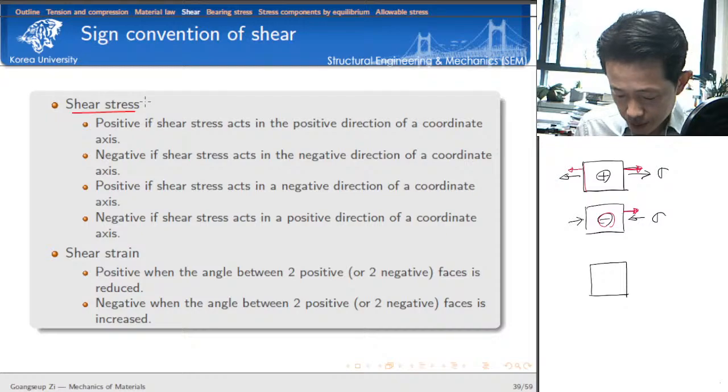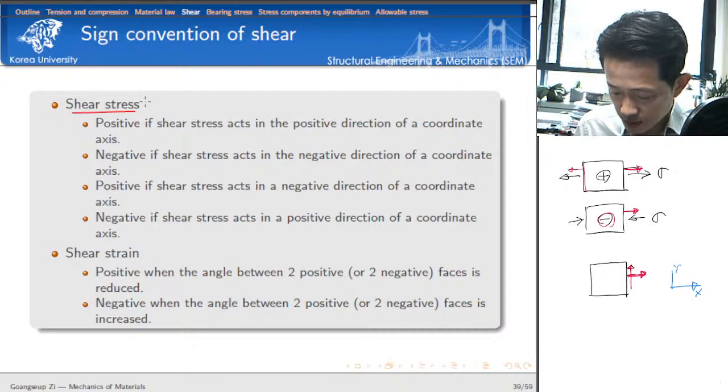But how about the shear stress? In the case of shear stress, the normal characterizing the cross section is in that direction, isn't it, right? But the shear stress is in the tangential direction. Its direction is according to my coordinates x and y. In the positive direction, we have a positive direction traction.